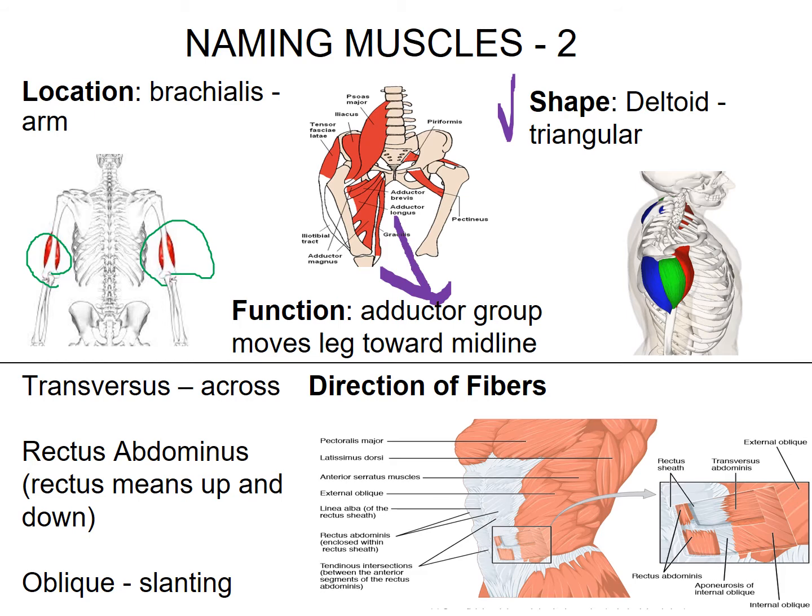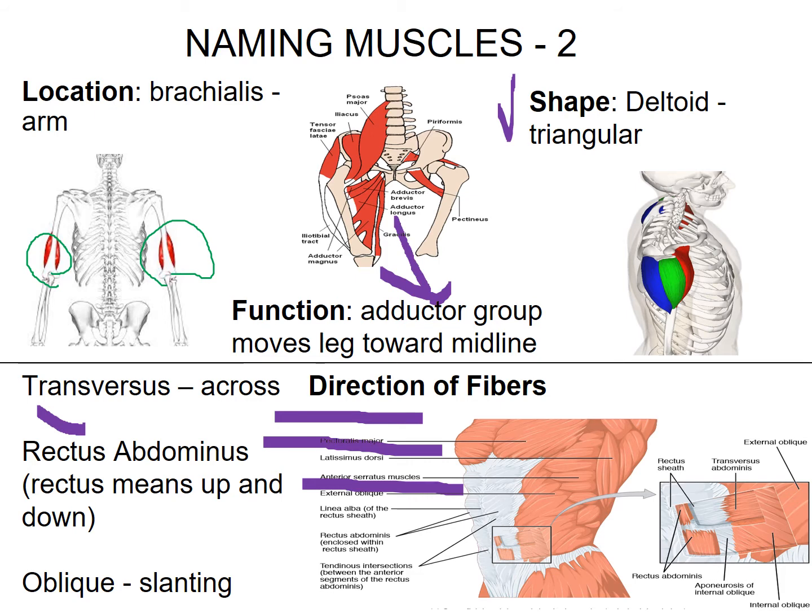Deep in your abdomen, I'm going to blow this picture up for you on another slide so you can see it a little better. Deep inside your abdomen, we have something called the transverse abdominis. What that means is these fibers go horizontal. They go transversely across the abdomen, hence the name transversus abdominis.